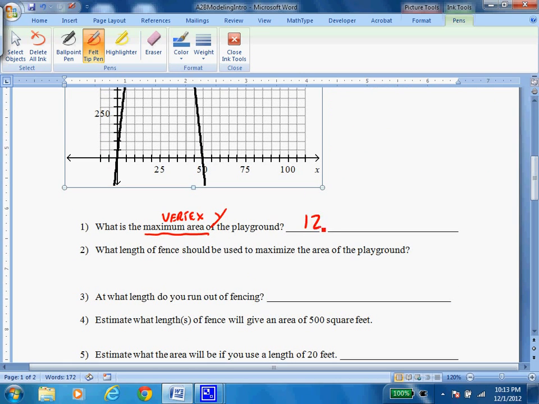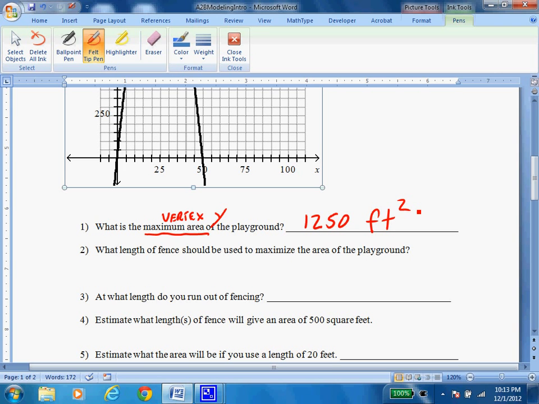Since I want the y value for the area, we'll answer the question that it's 1,250 square feet. I swear I passed place value in 3rd grade, trust me.